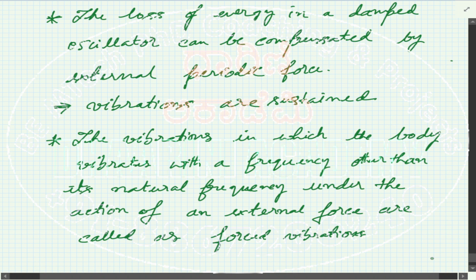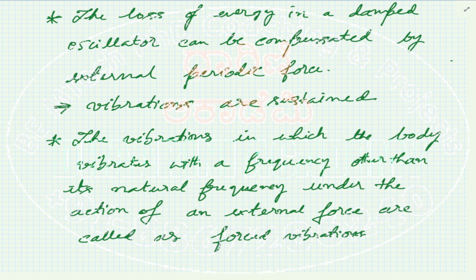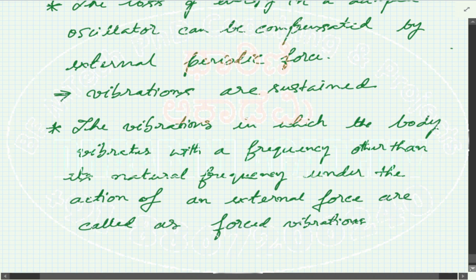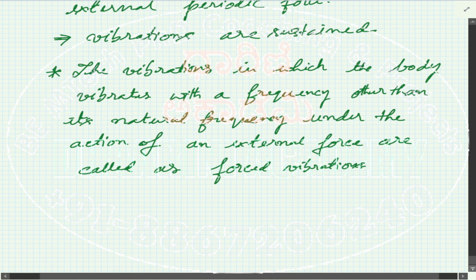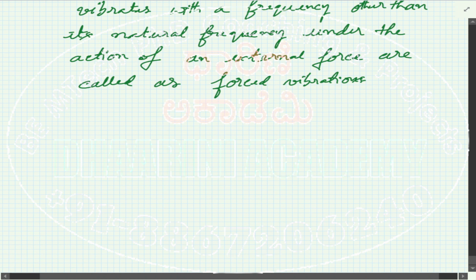First, it should oscillate at a frequency other than the natural frequency. And second, it should be under the influence of an external force. If these conditions are satisfied, we call such oscillations forced oscillations or forced vibrations. Till here we had seen yesterday.